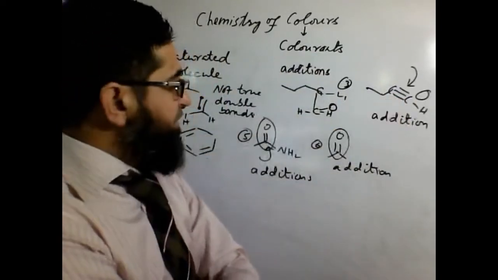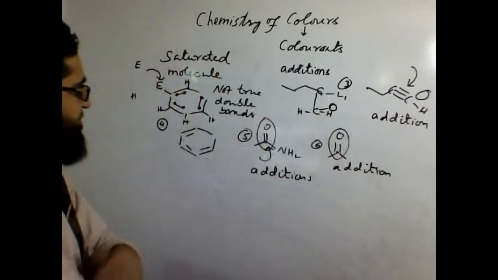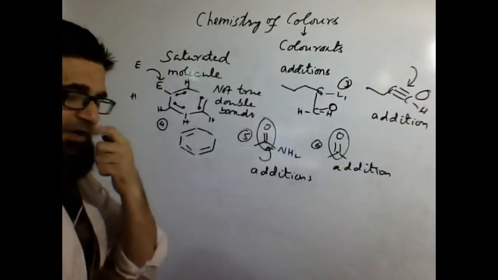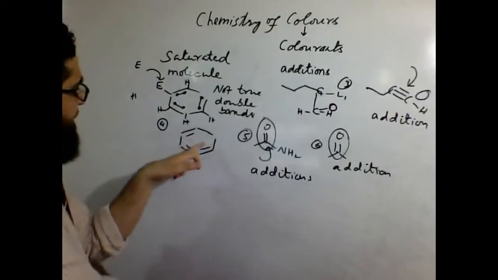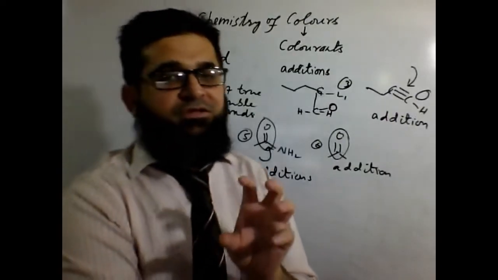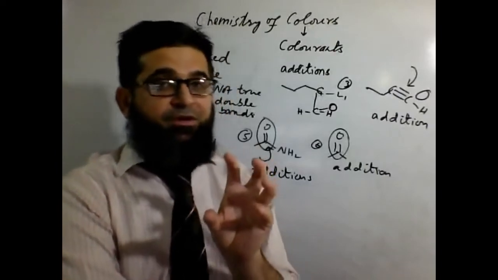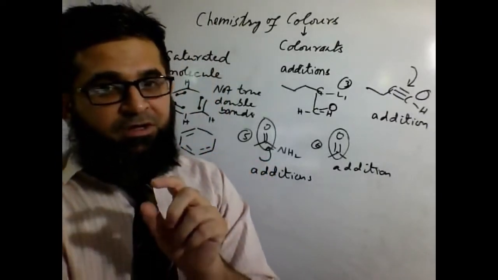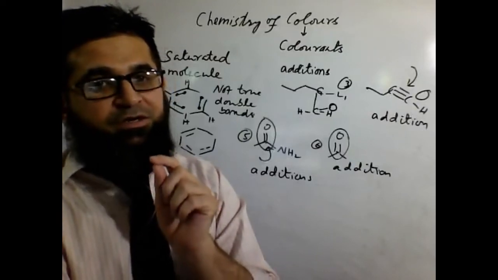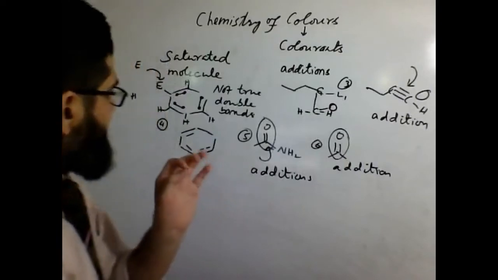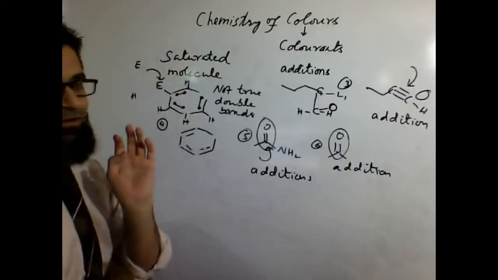So they undergo additions. In the case of benzene, I just discussed that benzene carries 3 double bonds. At first look, it seems like an unsaturated molecule because of the presence of double bonds. But as far as its structure is concerned, it is well known that benzene's double bonds are not true double bonds.